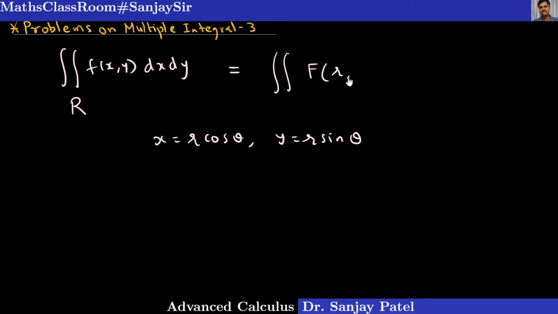And this function small f of x comma y becomes a function of r and theta, and this dx dy is replaced by mod J, the Jacobian, into dr d theta. But the Jacobian we already obtained, so it can be written as r into dr d theta. So let us take problems based on this transformation formula from Cartesian to polar coordinates.